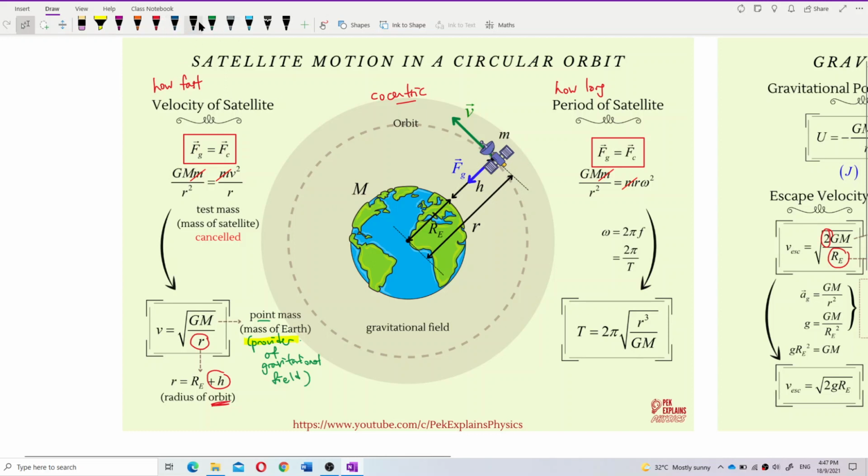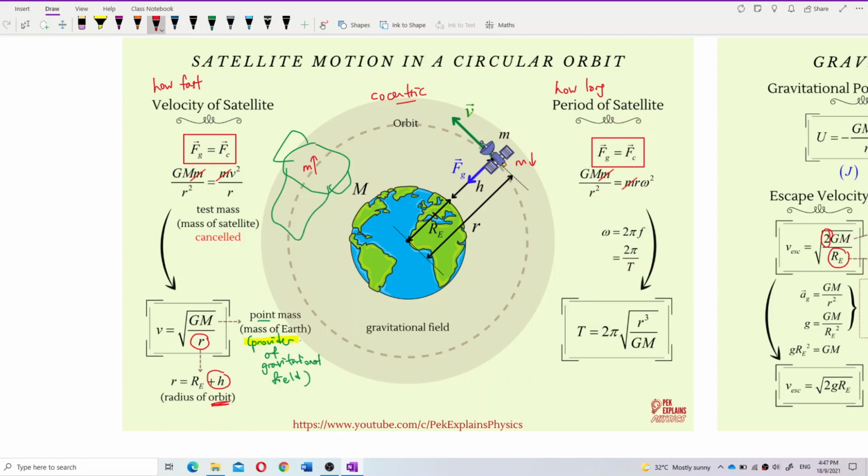But now I have a gigantic satellite with a bigger mass. The test mass is bigger here, and the test mass is smaller here.